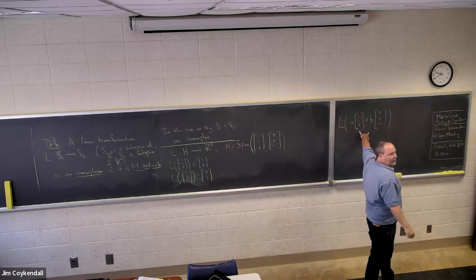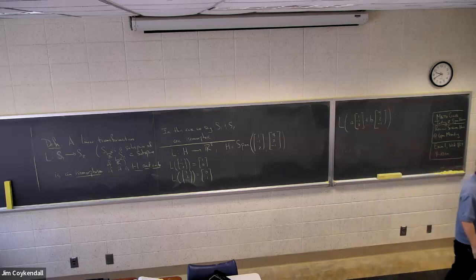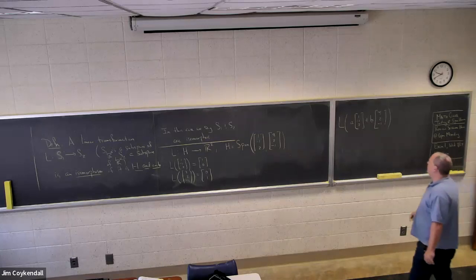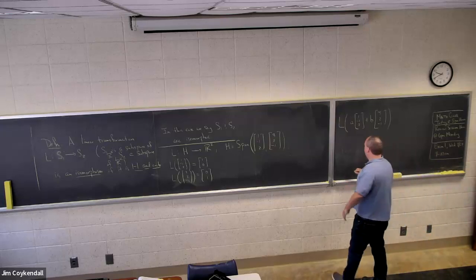This is what a garden variety element of the span of those two vectors looks like. It's something times the first one plus something times the second one, right? This is a linear transformation, so I can tell you exactly where this goes.